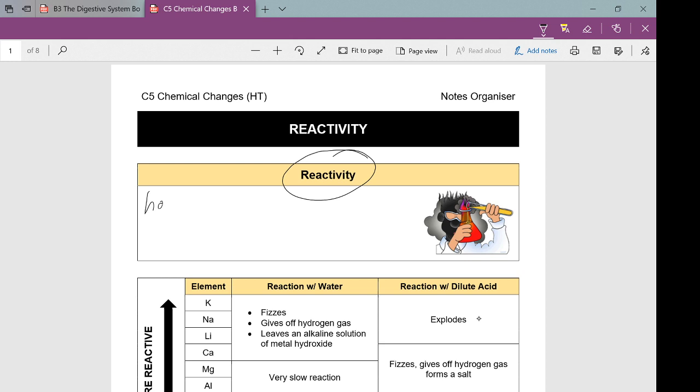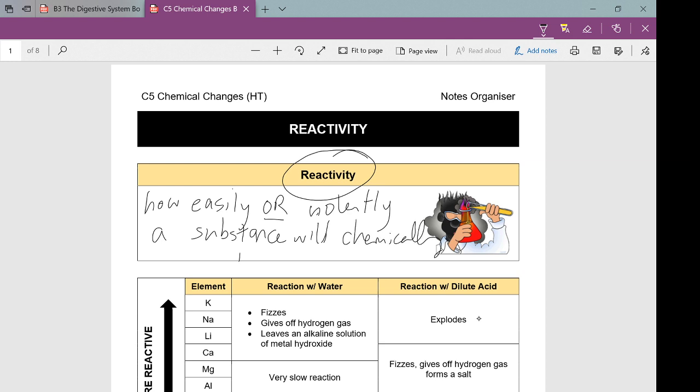So for example, if you had a chemical that during a reaction causes a huge explosion, we would call that chemical very reactive. Or if we just put a substance and chemically reacted it and it just formed a few bubbles, we would say, okay, that's not very reactive.